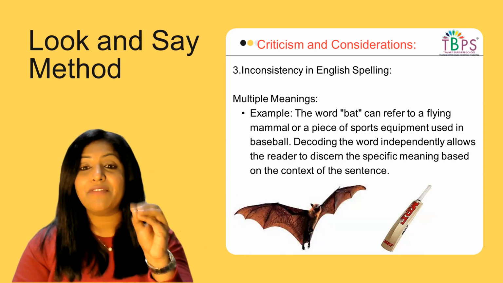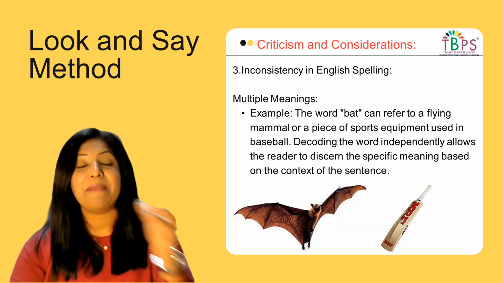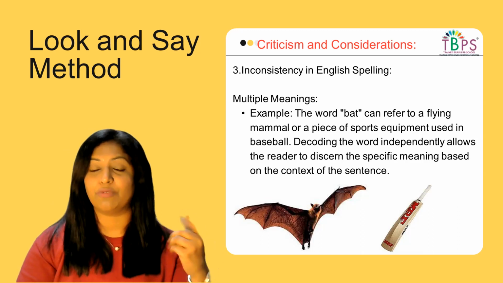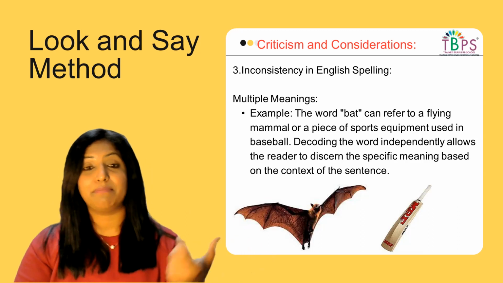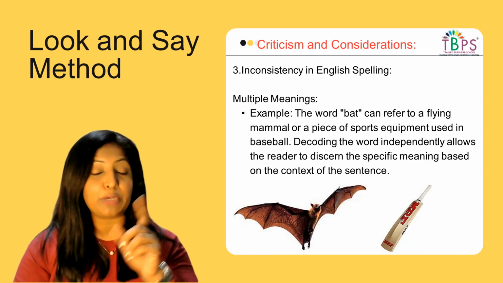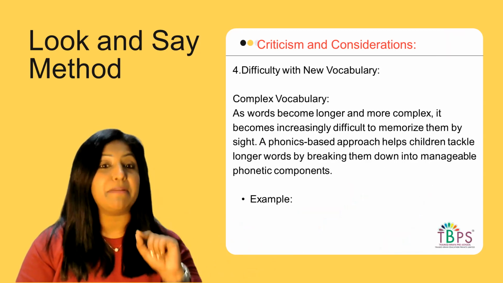Correct? Only when we are able to decode the context of the sentence, maybe then we would be able to get, oh, this bat is referring to an animal, a mammal, or this bat is referring to a sports equipment. It totally depends on the context. So this also we have to keep in mind.